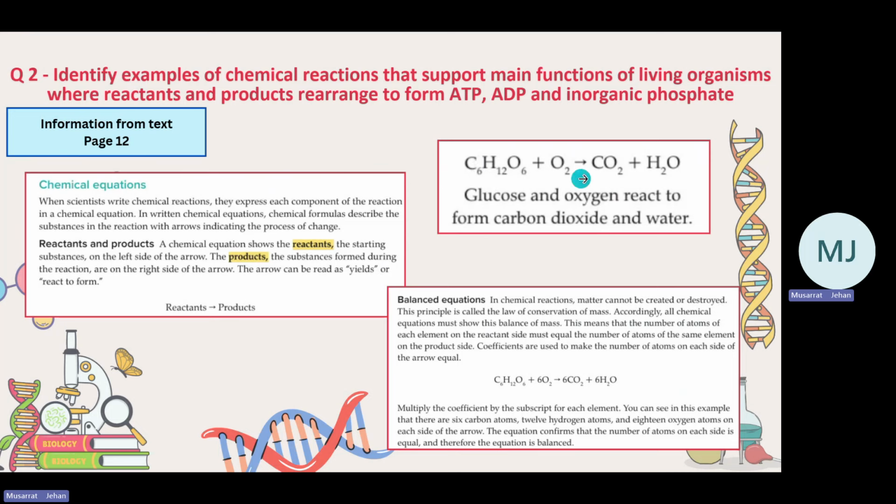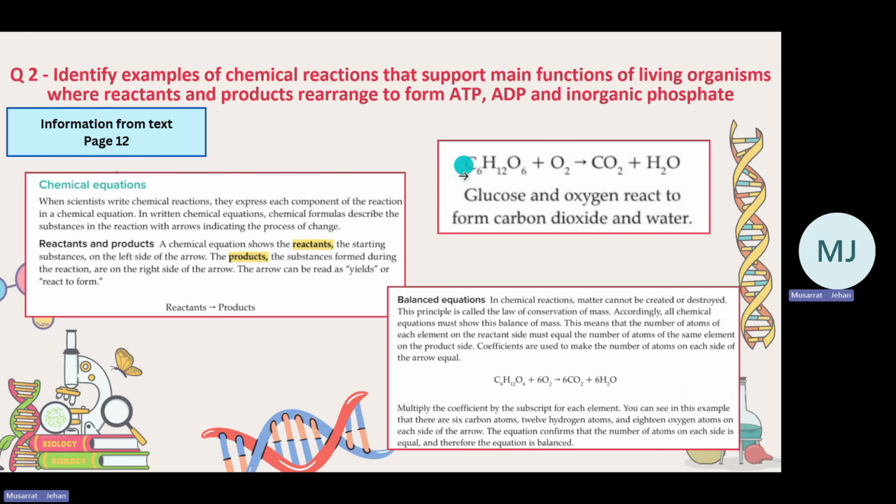The change that is taking place is shown by this arrow here. We call the substances reactants and products. Reactants are the substances on the left side of the arrow. And products are those on the right side of the arrow. These are the products.